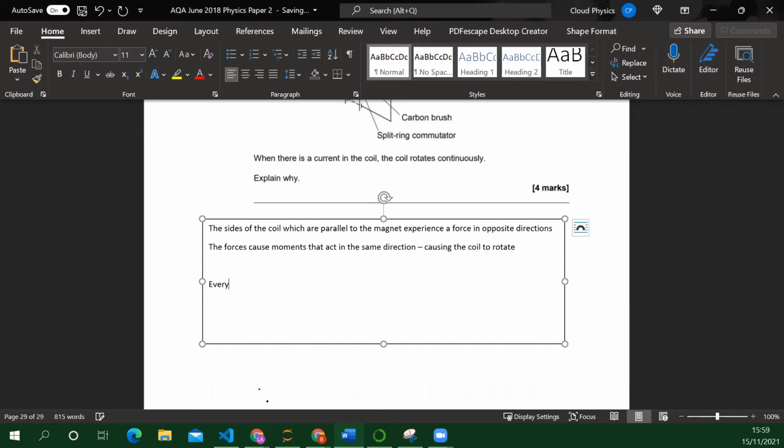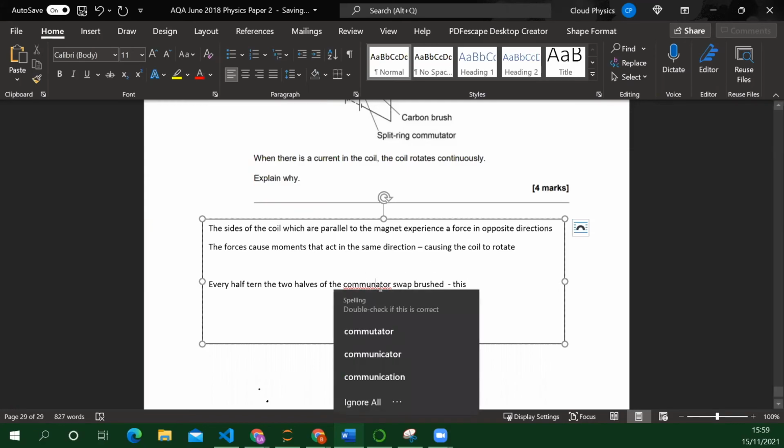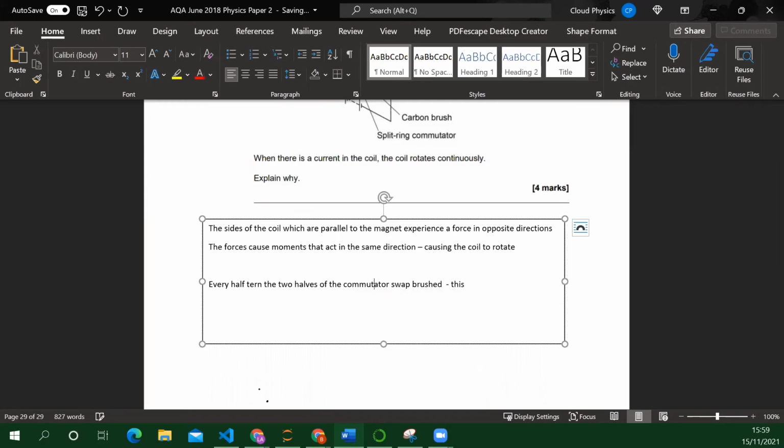Every half turn, the two halves of the commutator swap brushes. This should have a commutator. I don't think, no, I might not know that word. No, it did.